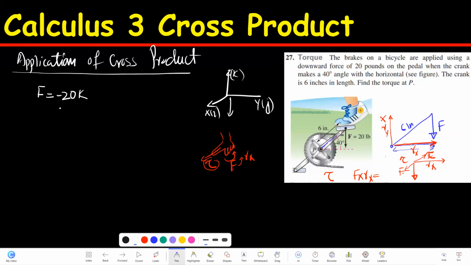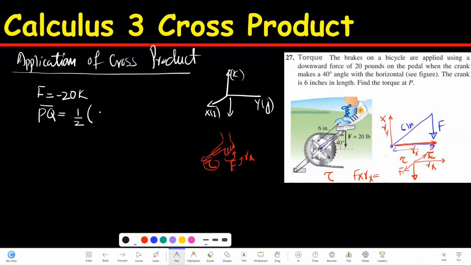And the other one should be PQ. PQ is a distance, so the P point is here and the Q point is here. We're going to do this one. Now PQ is equal to half, because these are in inches and I want to go in feet, right?